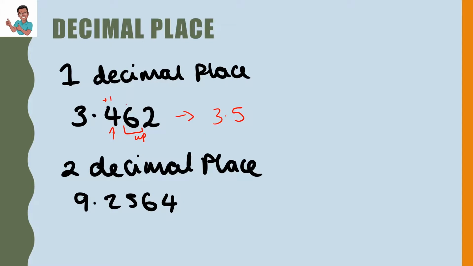We disregard the decimal numbers that come after. Okay, the following is asking me to round 9.2564 to 2 decimal places. We focus on the 6. 6 rounds up. So this comes as 9.26. Again, we forget about these numbers.